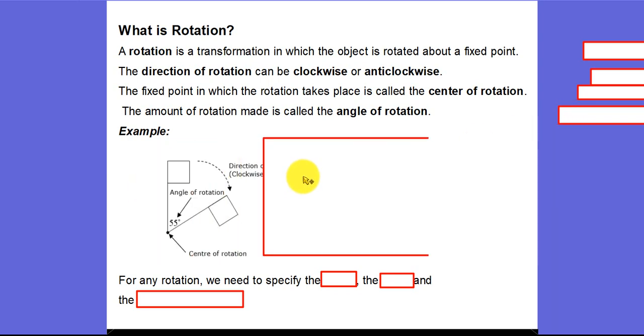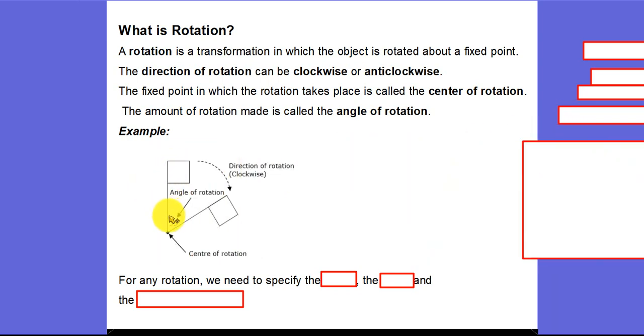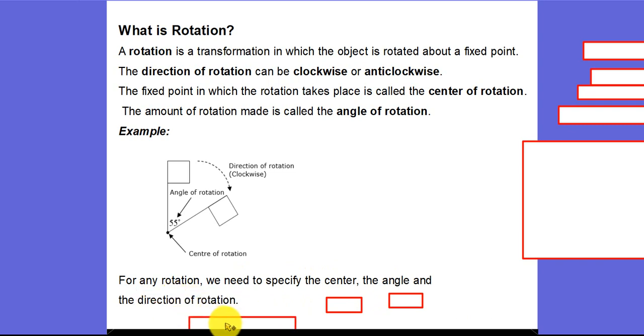So here is our example. If I'm going to move this object clockwise at 55 degrees on this point, which is our center of rotation, then this will be our pre-image. For any rotation, we need to specify the center, the angle, and the direction of rotation.